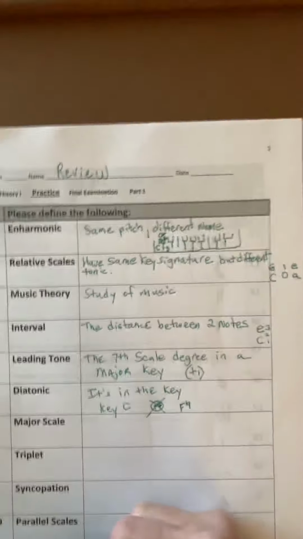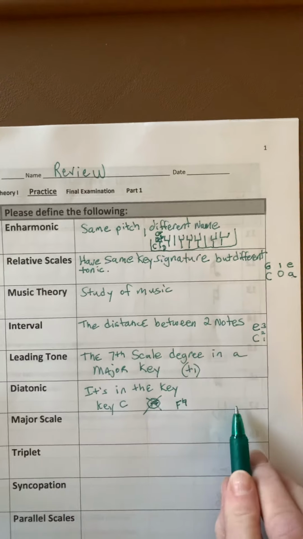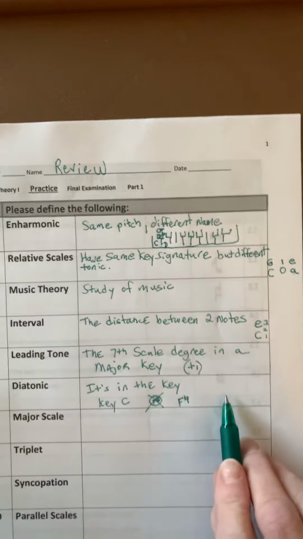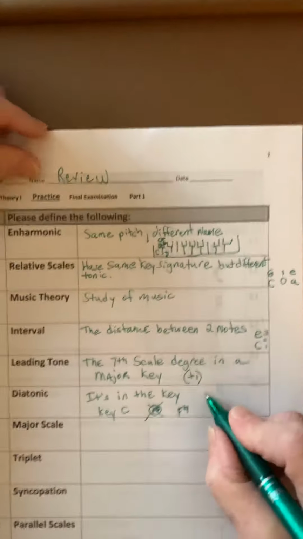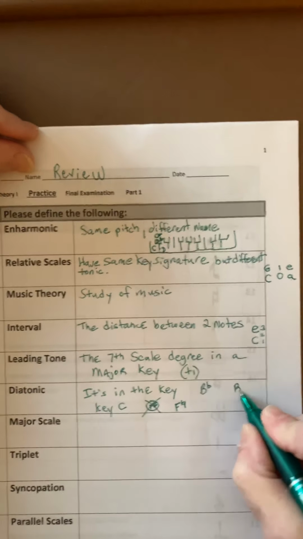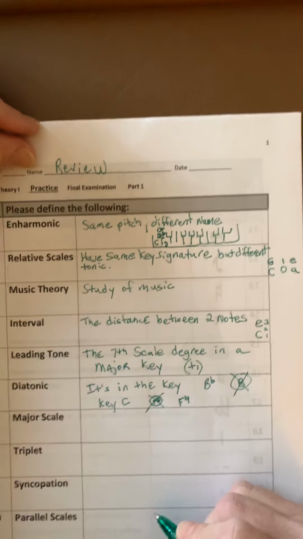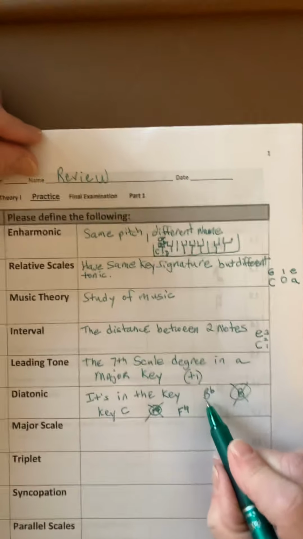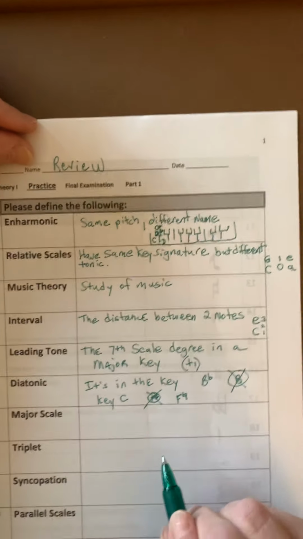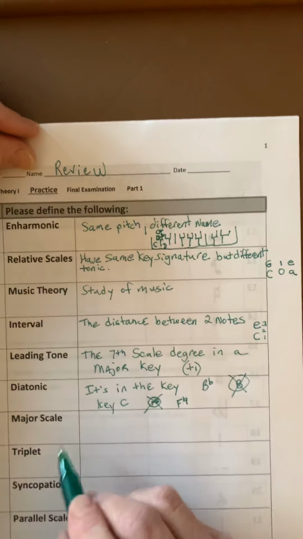F natural's in the key. Okay, if it's not in the key, say you're in the key of B flat, B natural is not in the key. It's not diatonic, it's chromatic. B flat is in the key. So diatonic would be notes in the key.